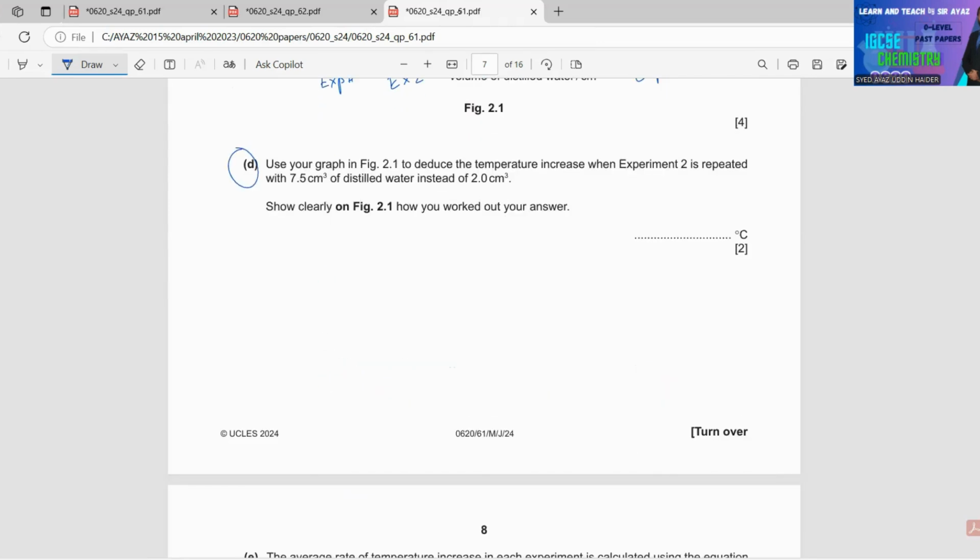D. Use a graph in figure 2.1 to deduce the temperature increase when experiment 2 is repeated with 7.5 centimeter cube of distilled water instead of 2 centimeter cube. Show clearly on figure 2.1 how you worked out your answer.